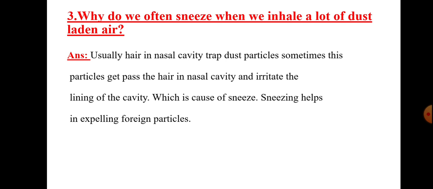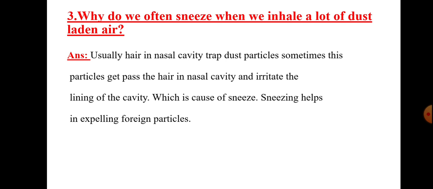Third question: Why do we often sneeze when we inhale a lot of dust laden air? Answer: Usually hair in the nasal cavity traps the dust particles.